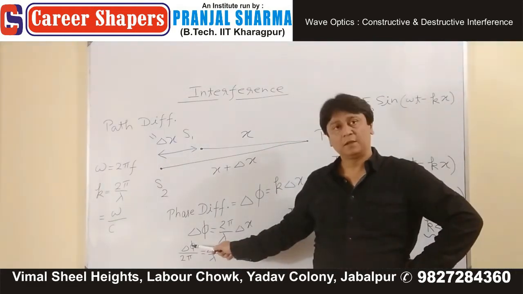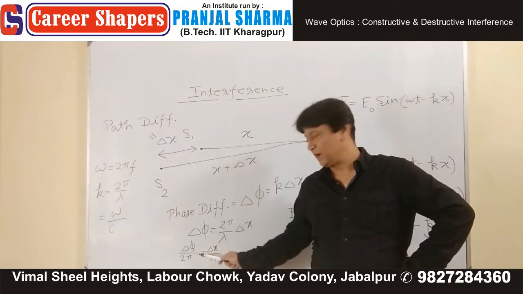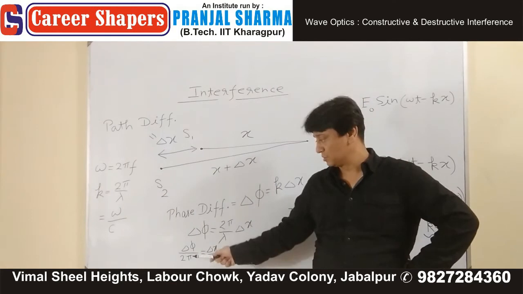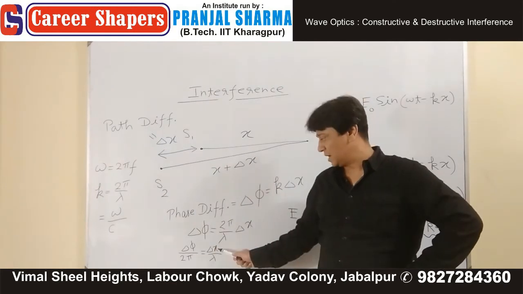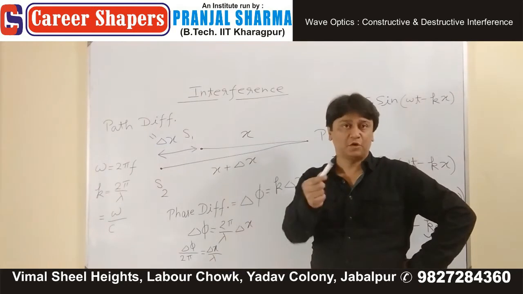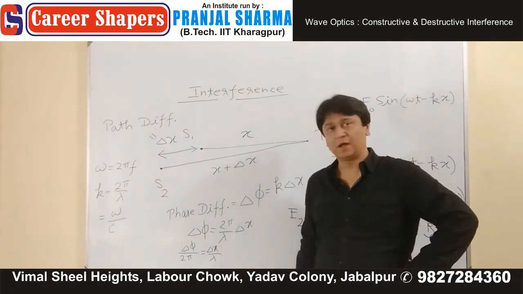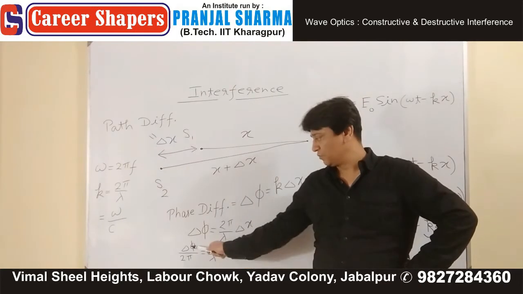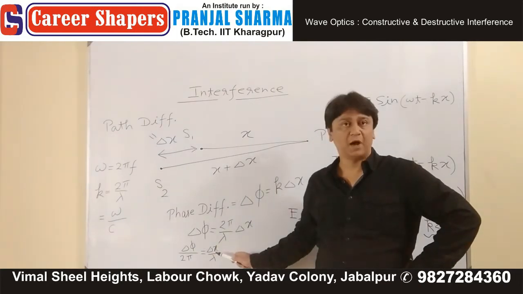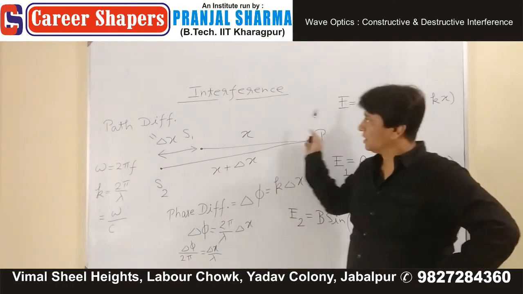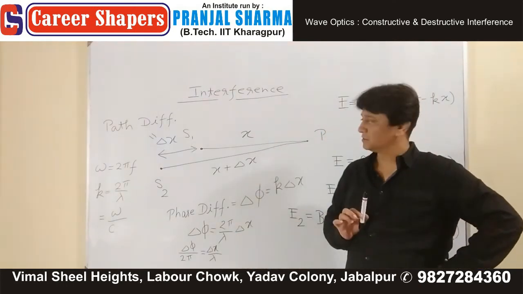Delta phi upon the complete phase during one oscillation, 2 pi, equals path difference divided by the complete length of a wave, which is lambda. This is the relationship between phase difference and path difference, which will be used in discussing interference.